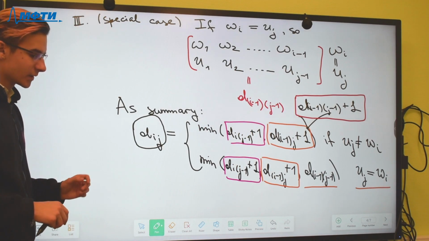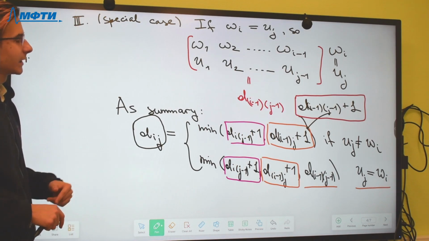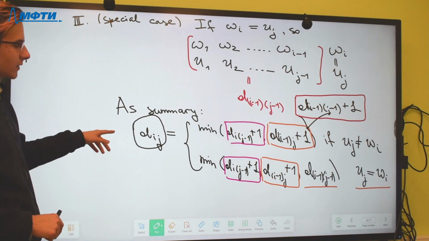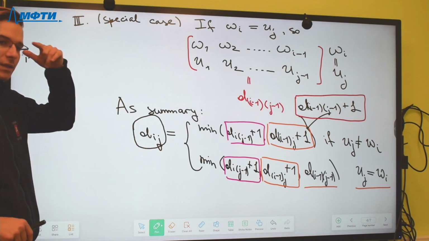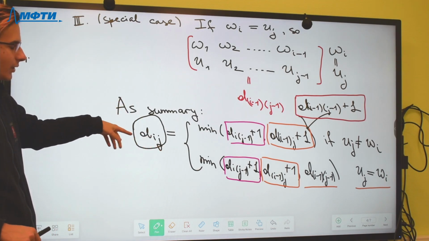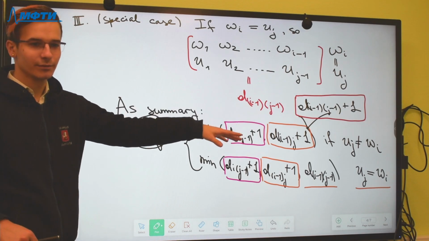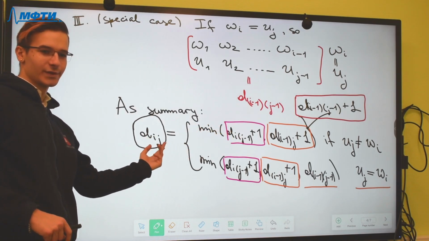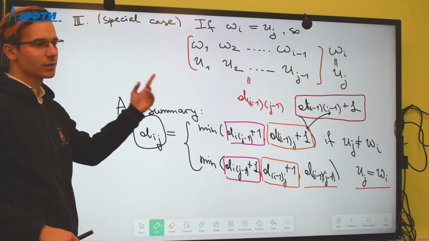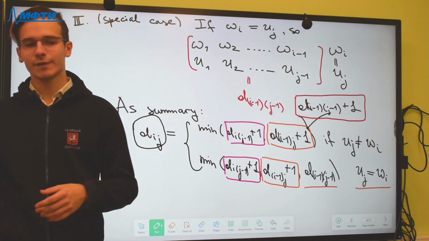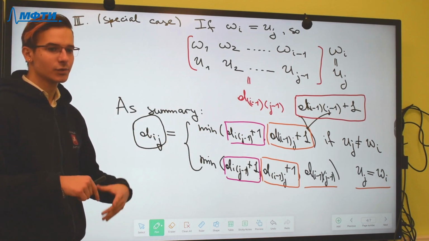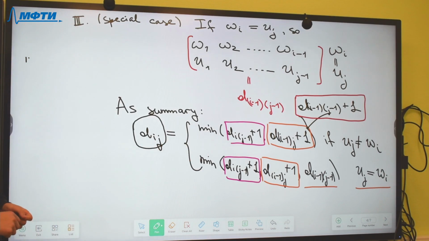So you need to understand that in your task you first need to find the recursive formula, understand whether it is one-dimensional or two-dimensional because of the number of indices, and then use matrices or arrays to memorize information about subtasks.